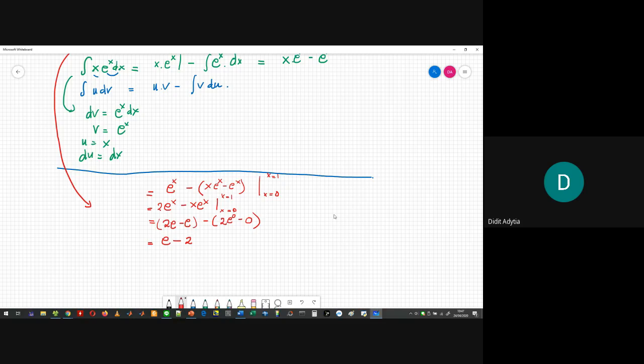Is that the same as in the previous example or not? Sama atau tidak kira-kira? Sama atau tidak nih? Okay, we will check shortly. Okay, so e minus 2.